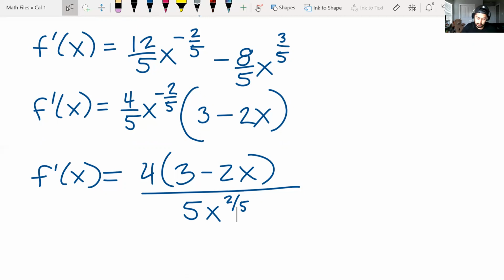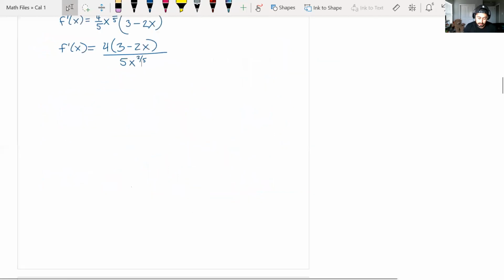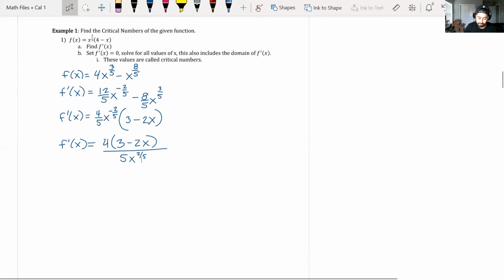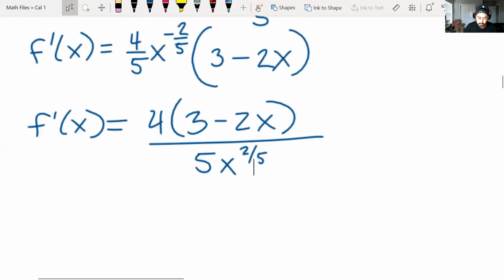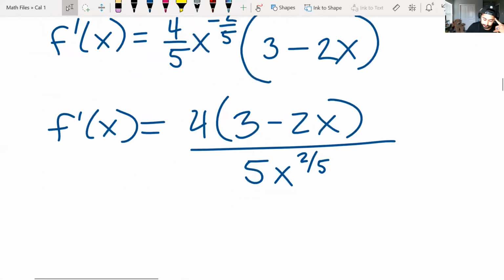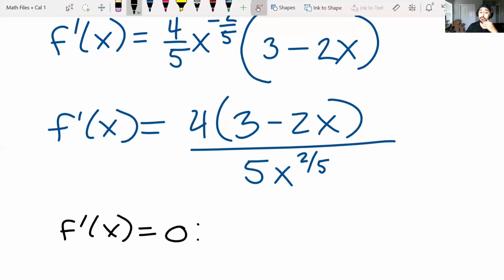Now, let's set it equal to 0. So f prime of x equal to 0.